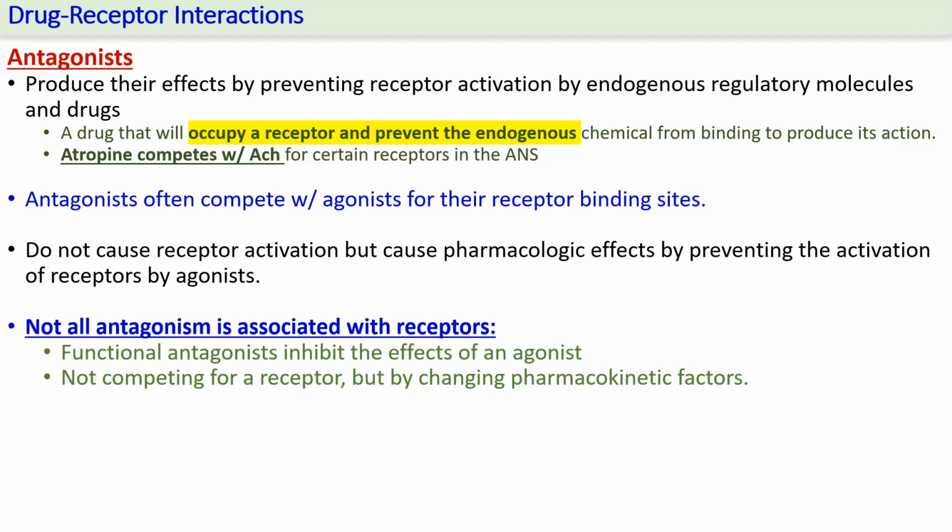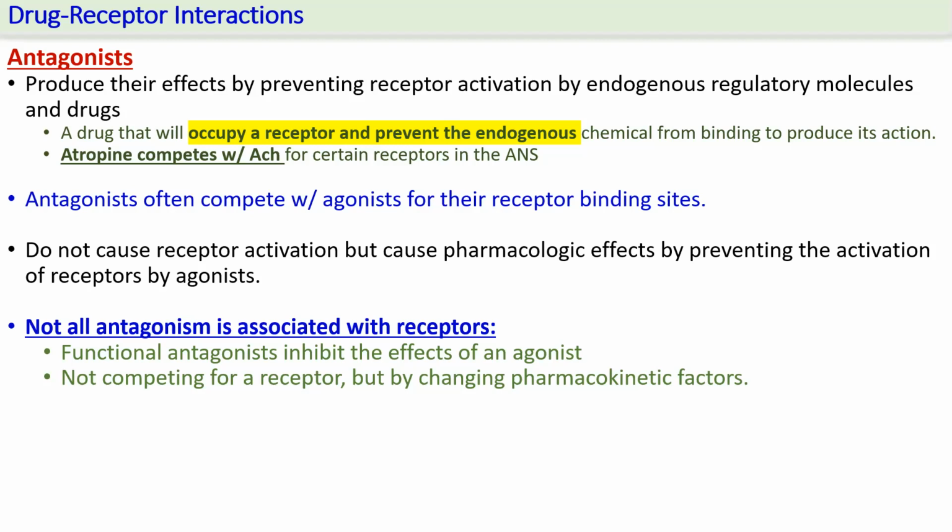They do not cause receptor activation but will result in pharmacologic effects by preventing the activation of receptors by agonists. So if there is no agonist present, an antagonist will have no observable effect.